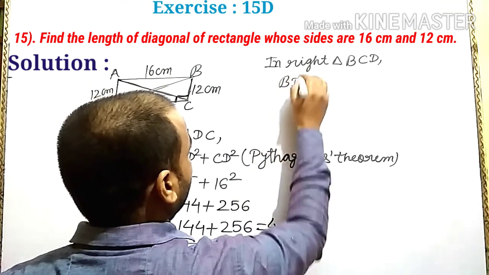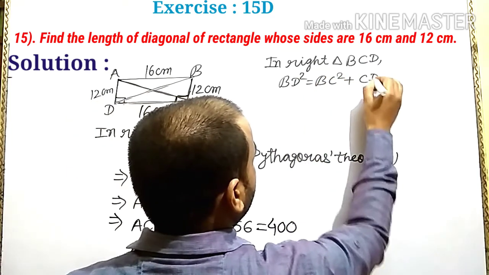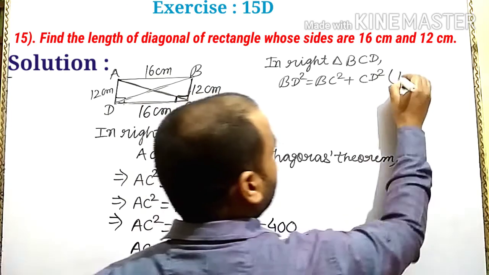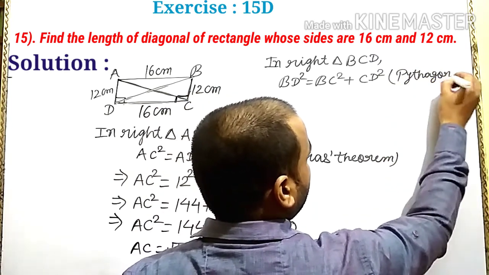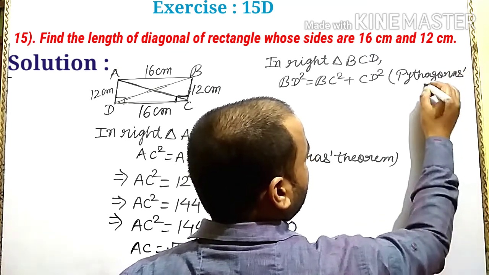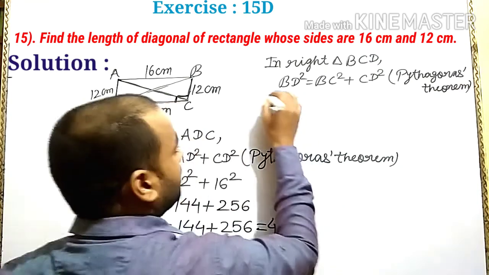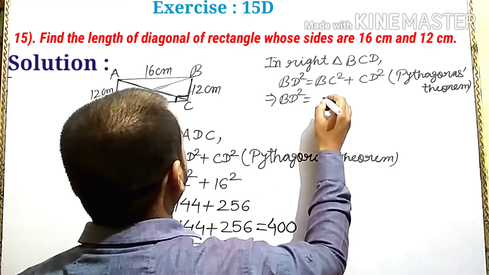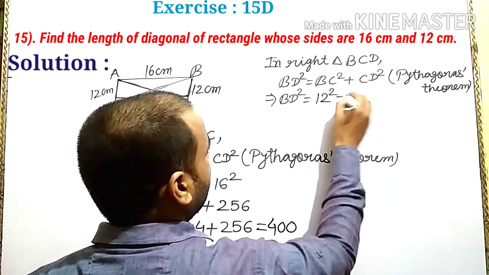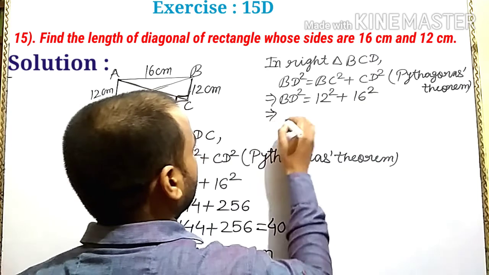The BD square is equal to BC square plus CD square, by Pythagoras theorem. BD square is equal to BC, here 12, the square of 12, plus CD is equal to 16, the square of 16.